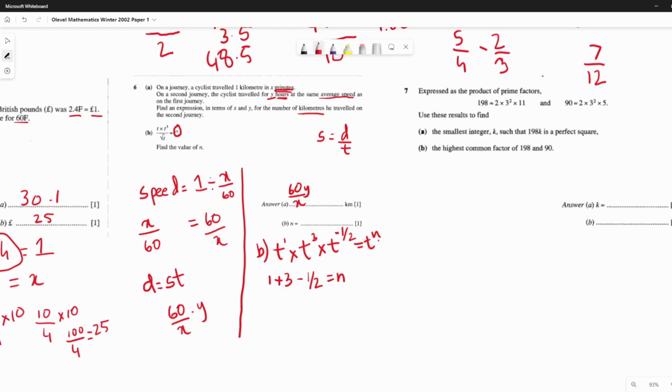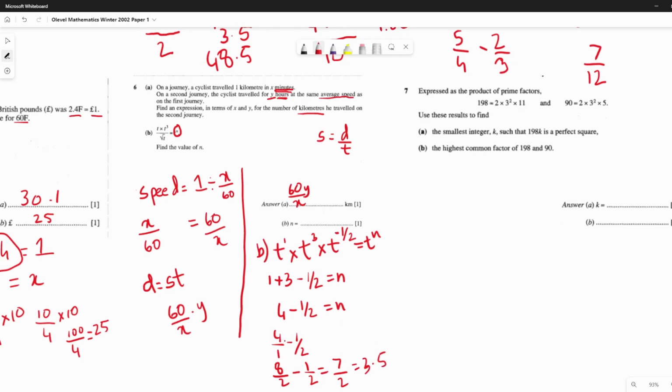Where the bases are the same, this is equal to this. All right, so 1 plus 3 is 4 minus half. That would be n. And now what we can do is write this as 4 over 1 minus 1 over 2, which can be written as 8 over 2 minus 1 over 2, which gives us 7 over 2, which is 3.5.